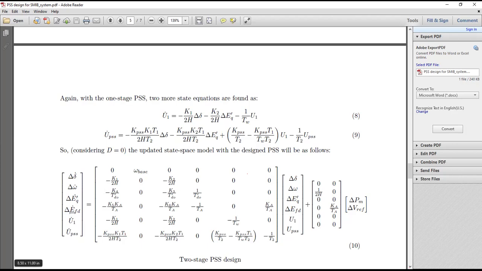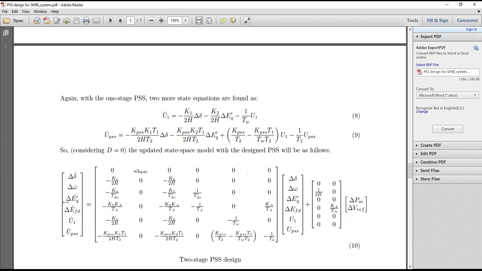Then we introduced the exciter block, a simplified exciter block, of course. If we take a detailed exciter block, then you will have a few more state variables associated with the exciter itself. Again, the generator model is a little bit simplified.